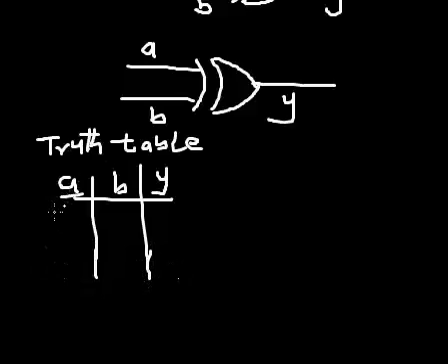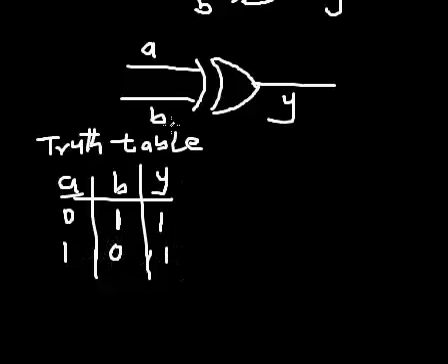The same truth table we have for the OR gate, where when one input is 1 and the other is 0, then you end up having an output of 1. So when A is 0 and B is 1, I have 1, and the other way around, when A is 1 and B is 0, I'll still have 1.